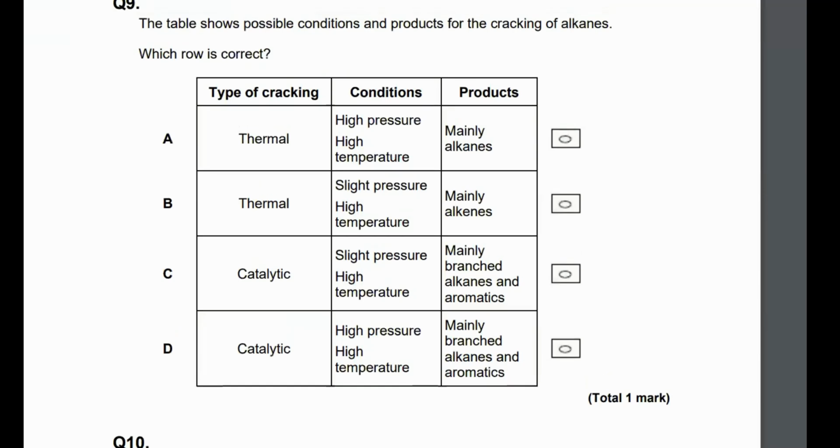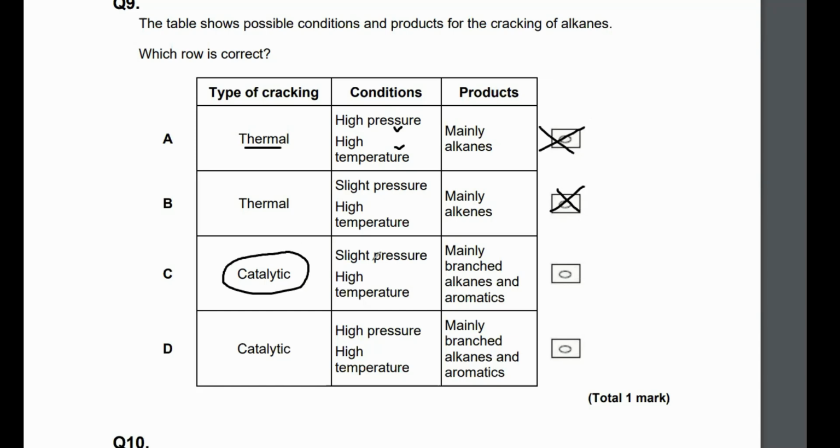So we're now looking at question 9. The table shows the possible conditions and products for the cracking of alkanes. Which row is correct? So you've got thermal, high pressure, high temperature. Thermal cracking needs about 1,000 degrees. The high pressure, you're looking at maybe 70 atmospheres, which is certainly a lot.